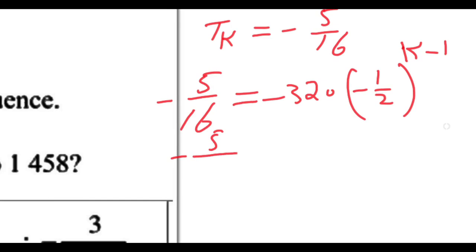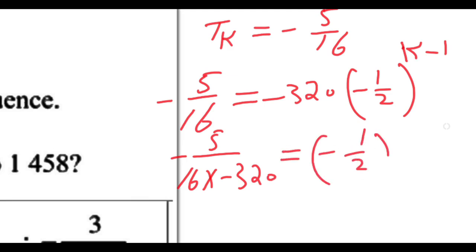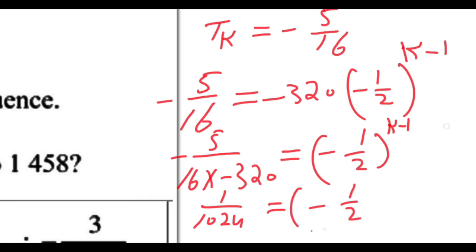Negative 5 over 16 divided by negative 320 is equal to negative 1 over 2 to the power k minus 1. I simplify, and the answer will be 1 over 1024 is equal to negative 1 over 2 to the power k minus 1. Now I need to solve for k here.